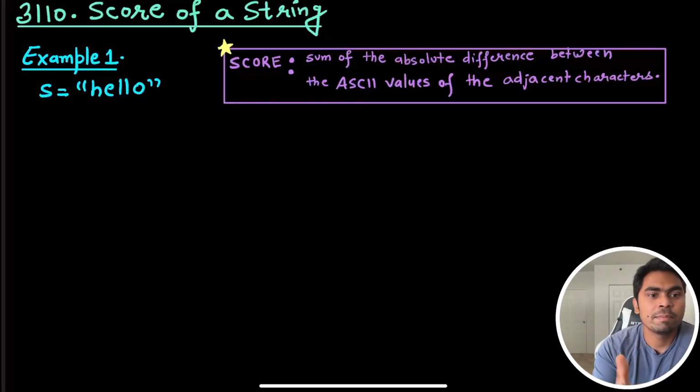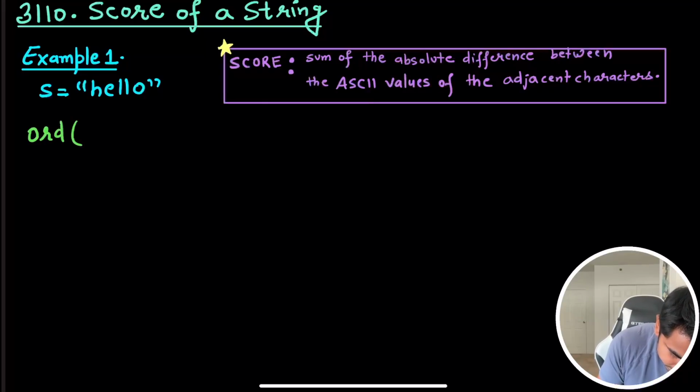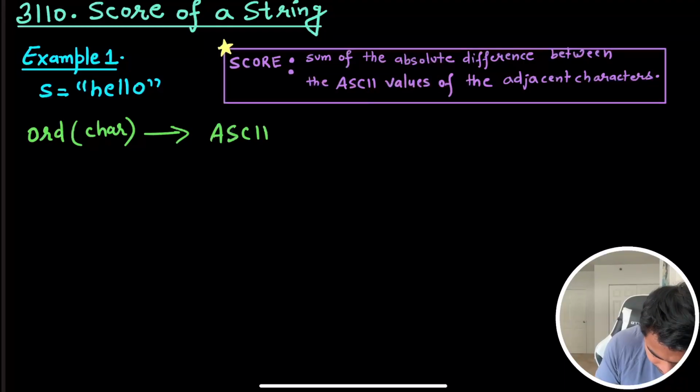In different programming languages, there is an inbuilt function that gives you the ASCII value. In Python, our function is ord, ORD, and if you give it some character, then it will give us the ASCII value. So that makes our problem really easy.